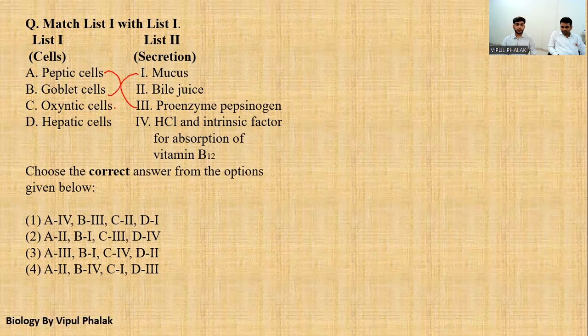Oxyntic cells or parietal cells are responsible for the secretion of HCl and intrinsic factor, which absorbs vitamin B12, and hepatic cells or liver cells are responsible for the secretion of bile juice. So 3, 1, 4, 2. Third is our correct.